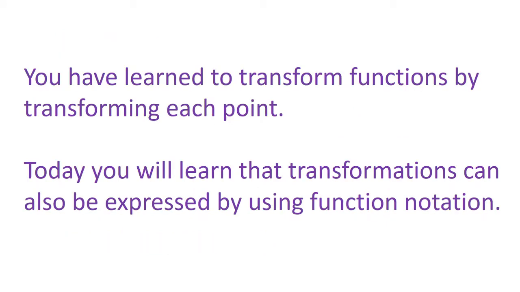So far you've learned to transform functions by transforming each point. What I mean by that is if we had a T-chart with an x and y, let's say x was 0, 1, 2 and y was 2, 4, and 6, and you wanted to do a vertical compression, we would keep all of our x's the same and just the y, because the y is our vertical component, would change.